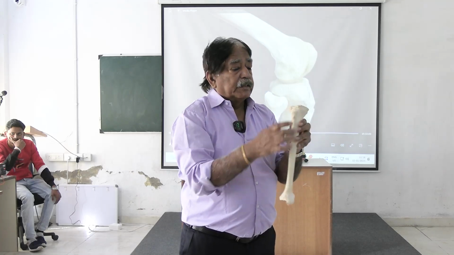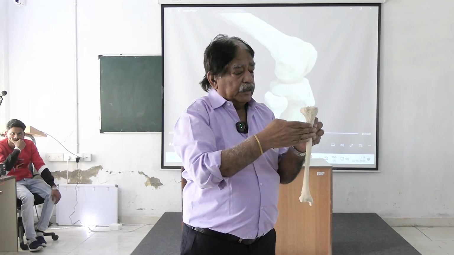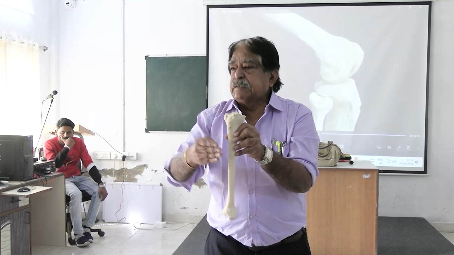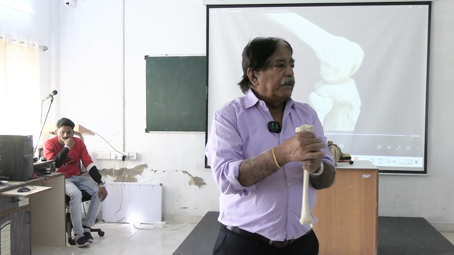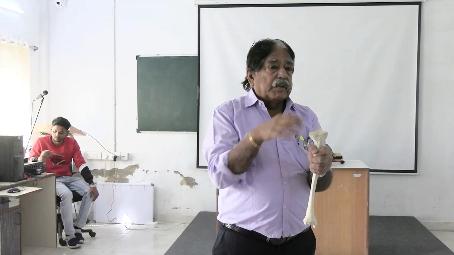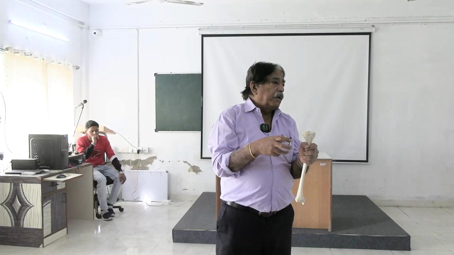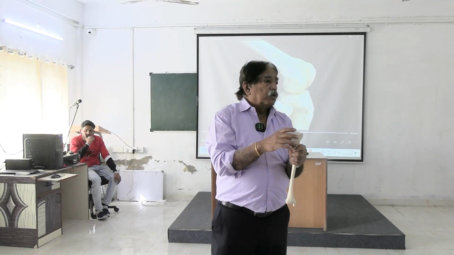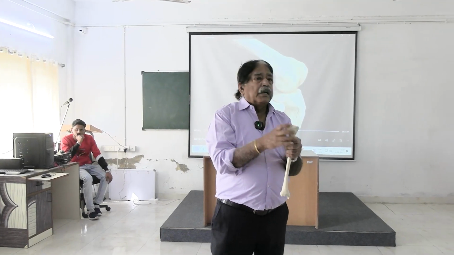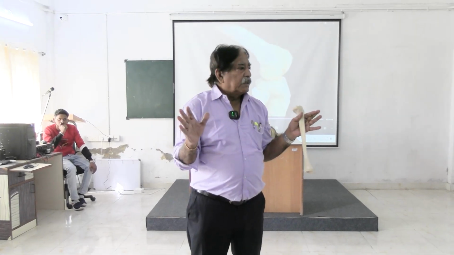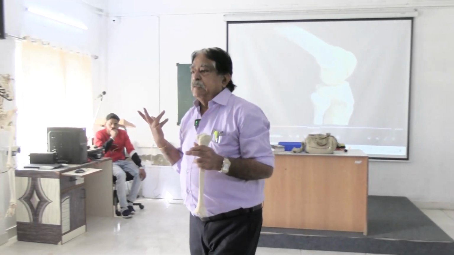You get it? Tubercle in front. The sharp anterior border, the shin, is anterior. The upper end articulates with the lower end of the femur, the two condyles, to form the knee joint. That gives you 10 marks.